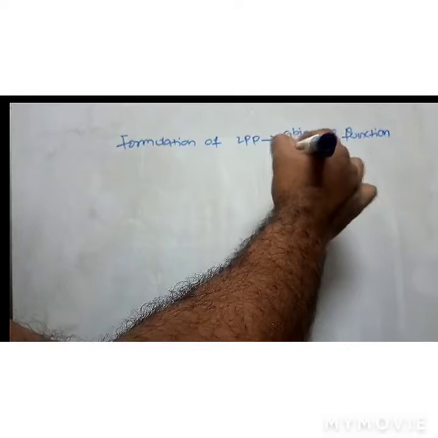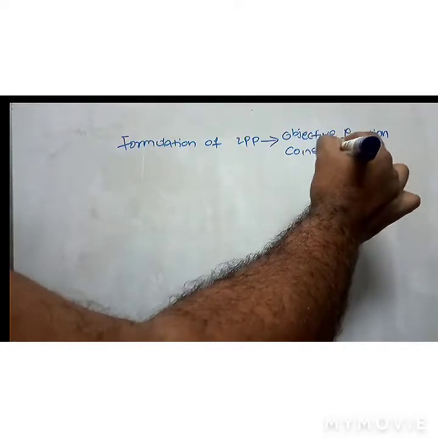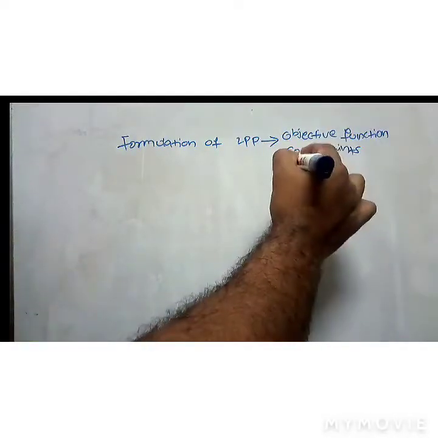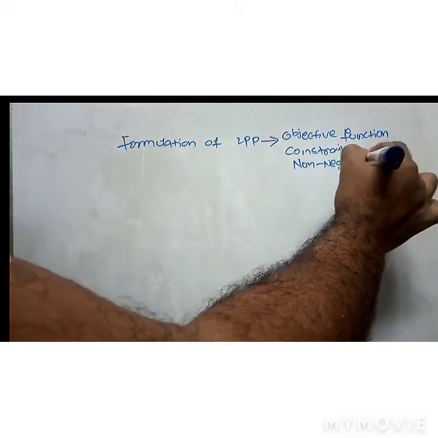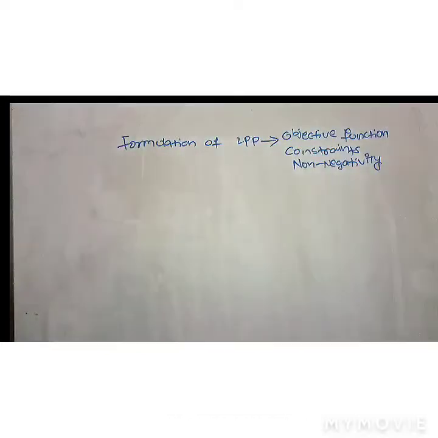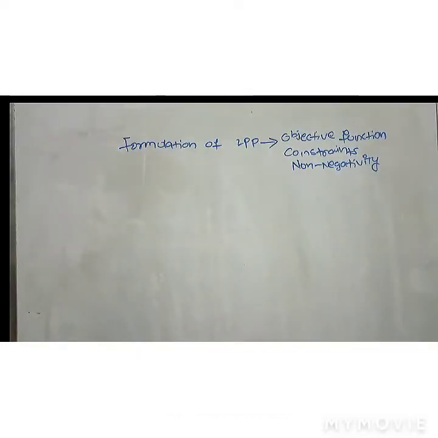Then the next one is the set of constraints, and non-negativity. So formulation of objective function, then we have to frame the constraints, then the next one is the non-negativity.